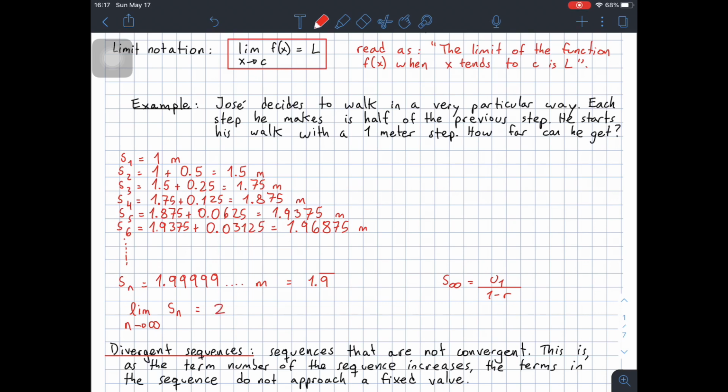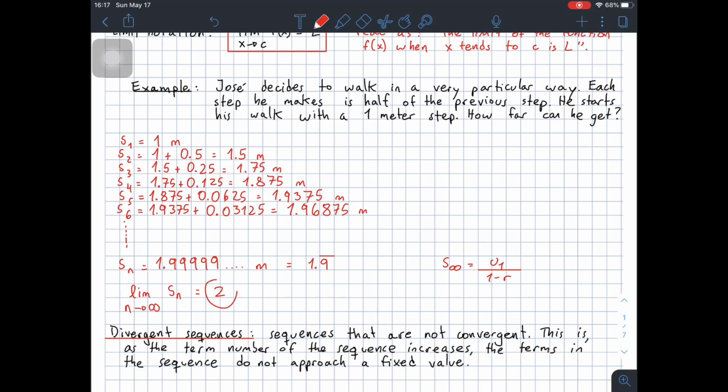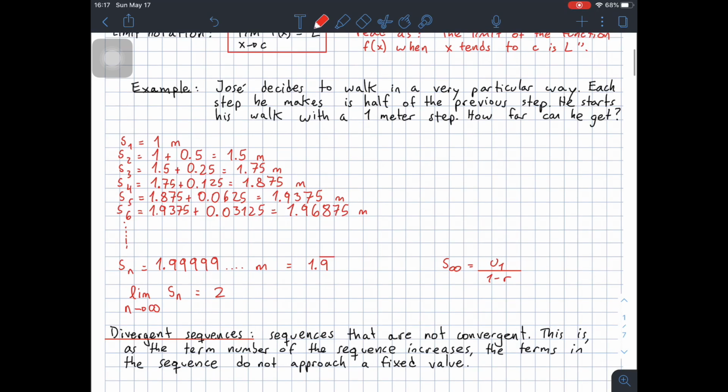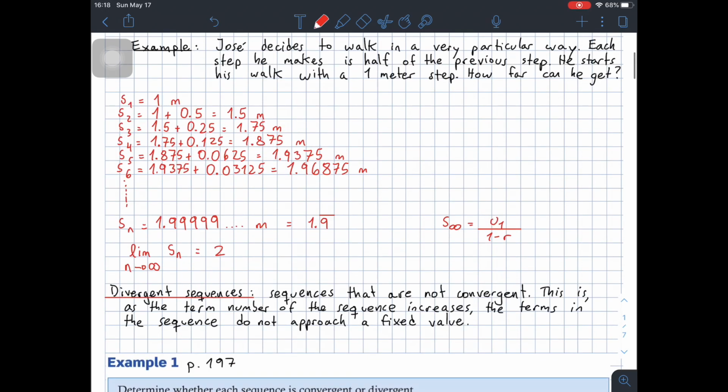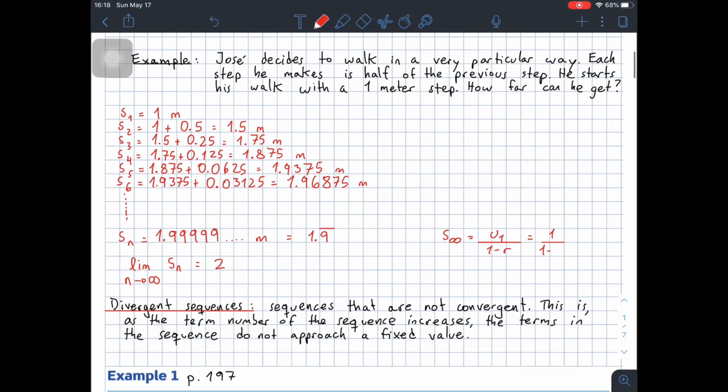If I keep on adding, the maximum value I would get is 2, right? And if you remember that from the sum of infinite terms of an infinite geometric sequence, we could find that by using this formula, right? U1 in this case would be the same as S1, which is 1, divided by 1 minus r, where r is a half, right?